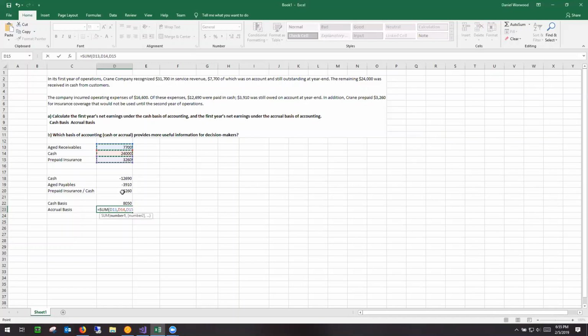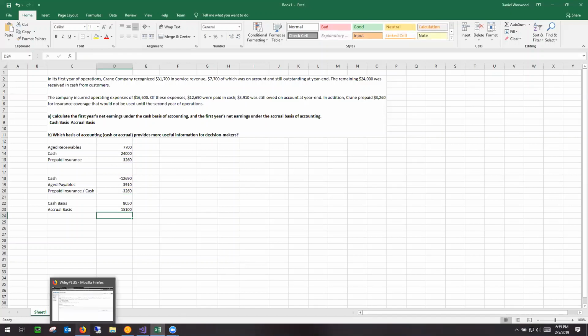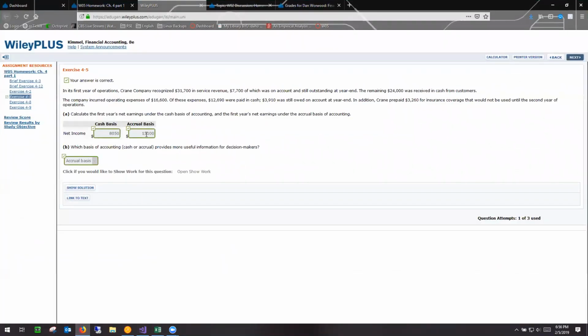That's going to be canceled out by that one right there. But we can do these ones as well. And that leaves us with 15,100. So if we take a look at the assignment, cash basis 8,050 and 15,100 for the accrual basis. Yeah, those are the numbers we have.